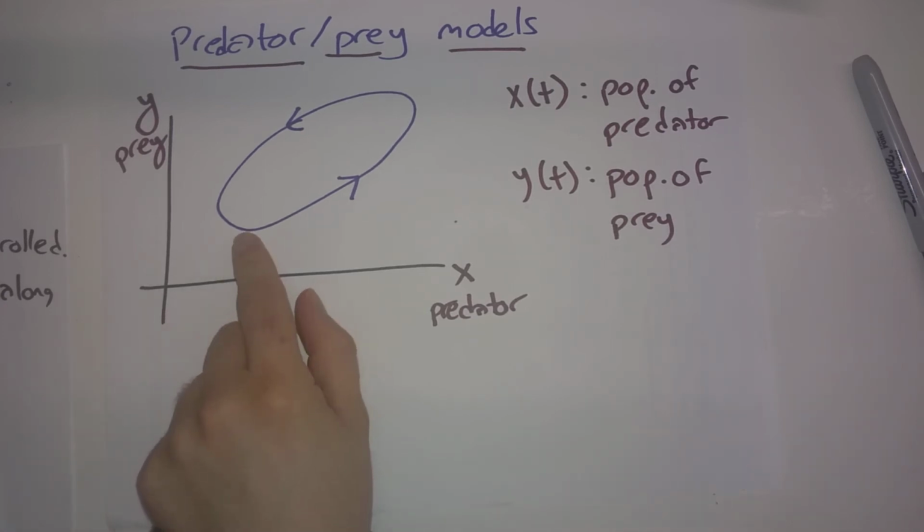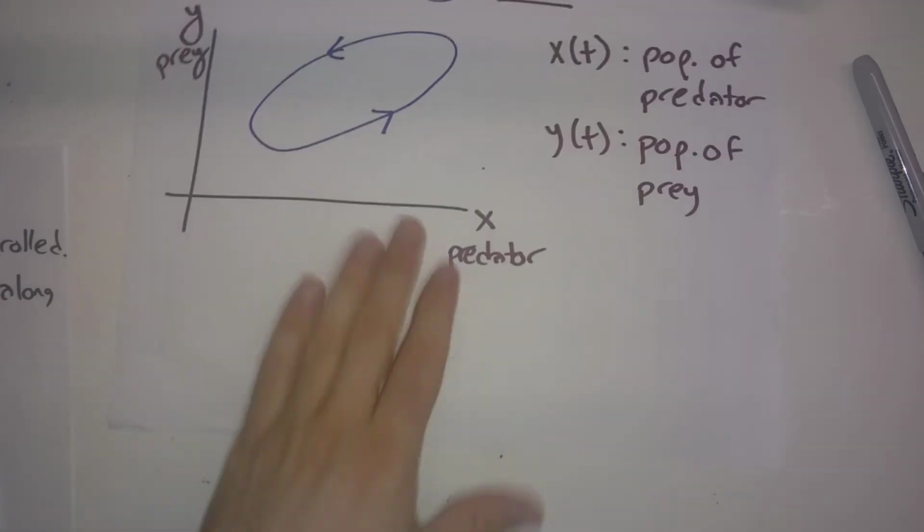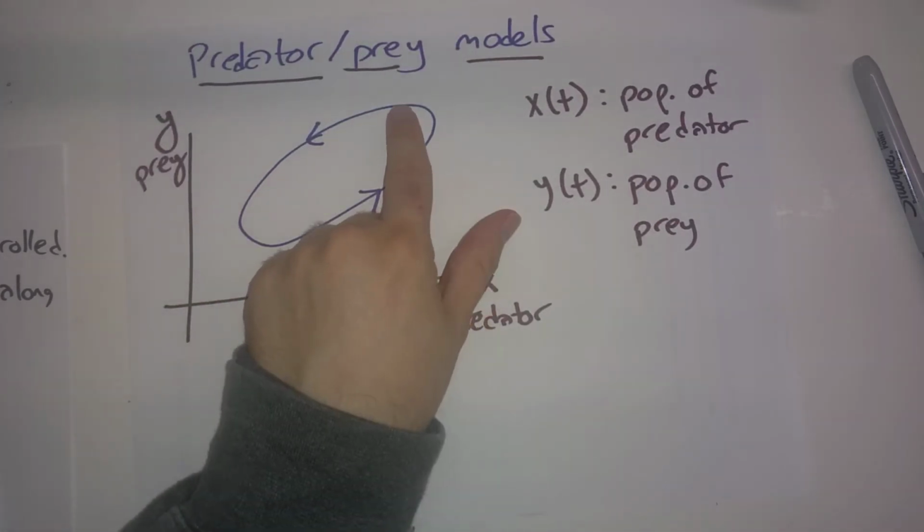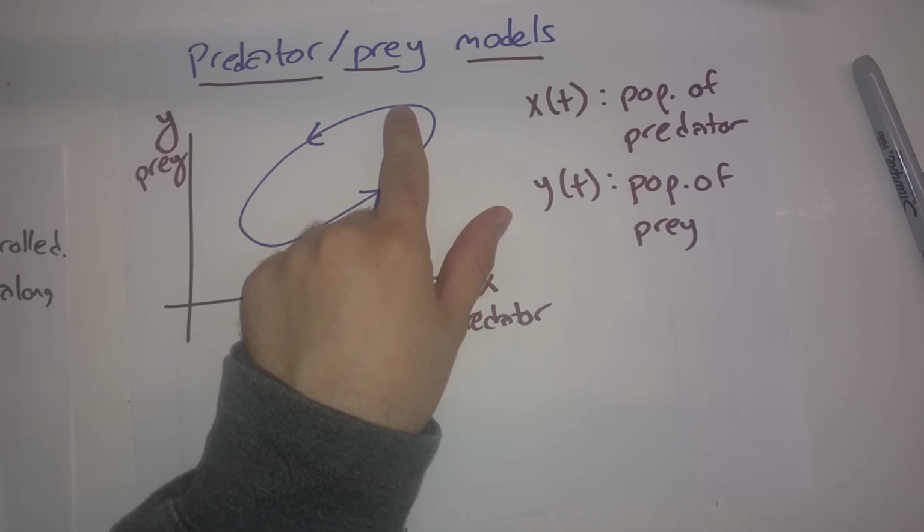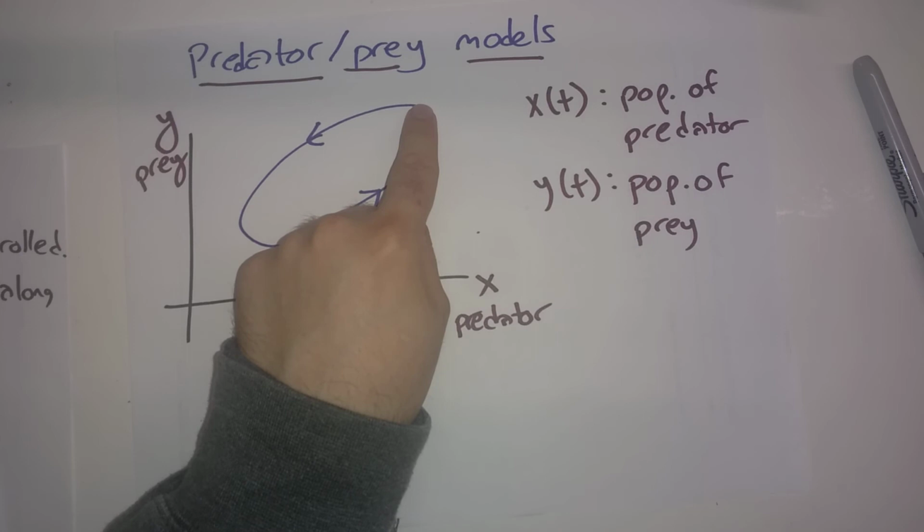And so let's think about what's going on here. Up here, at this point here, we have lots of both predator and prey. And so what's going to happen is that because there are so many predators, they're going to eat the prey.